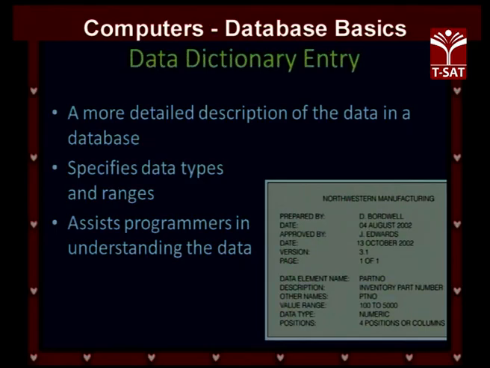Data directory entry: a more detailed description of the database. The data definition language says the type of database, the size of database, whether there is any relationship, and all that is defined there. Whereas in the data dictionary entry, more information is described, such as specific data type and range, assisting programmers in understanding the database, so that someone can understand what exactly the database is, what the fields are, and what the attributes are.